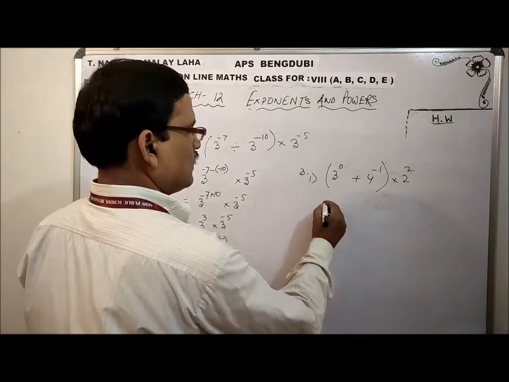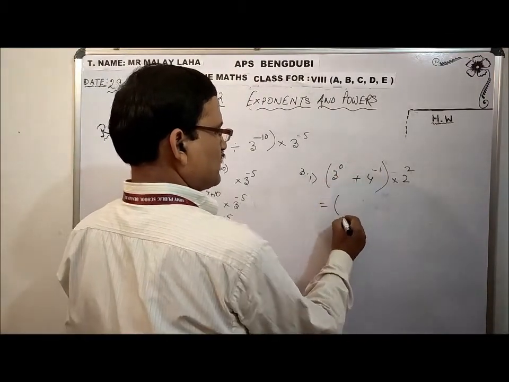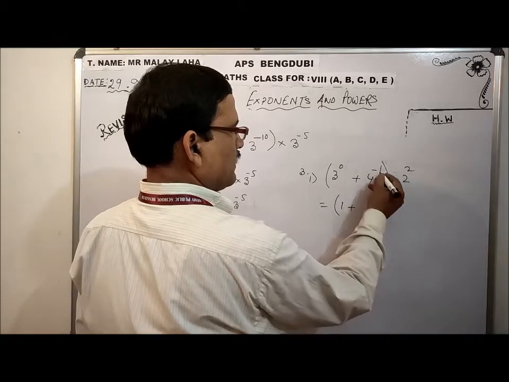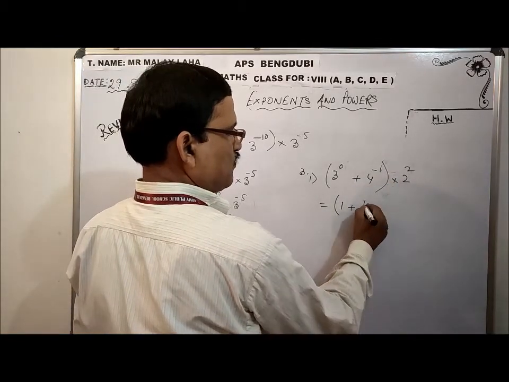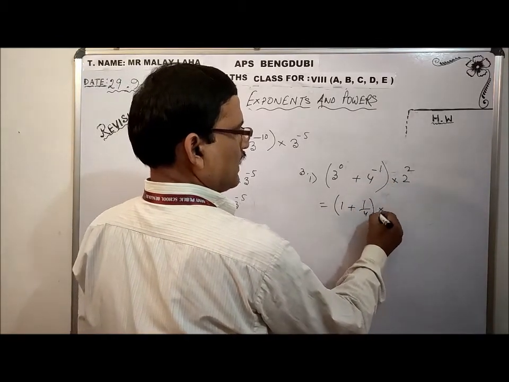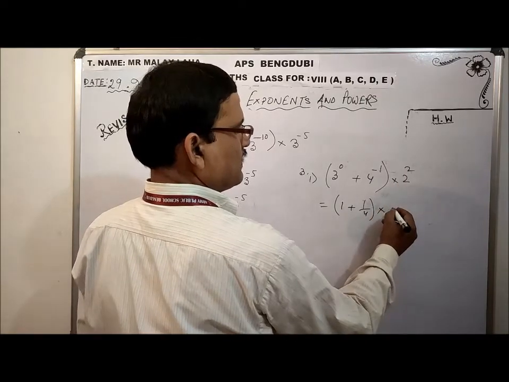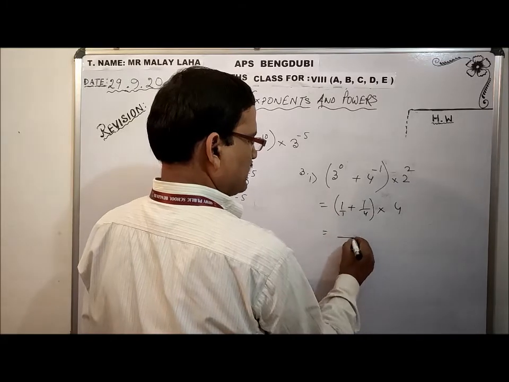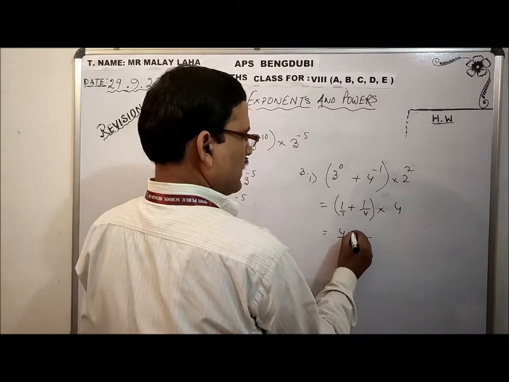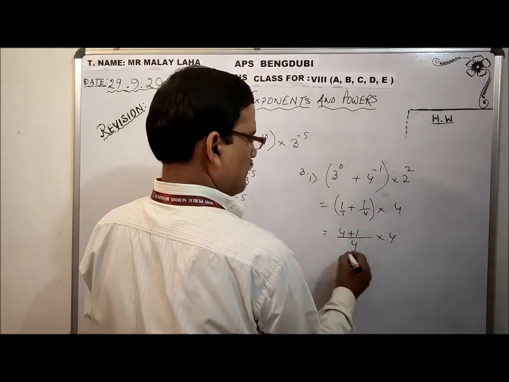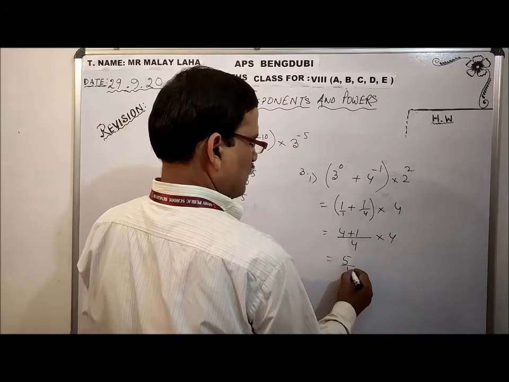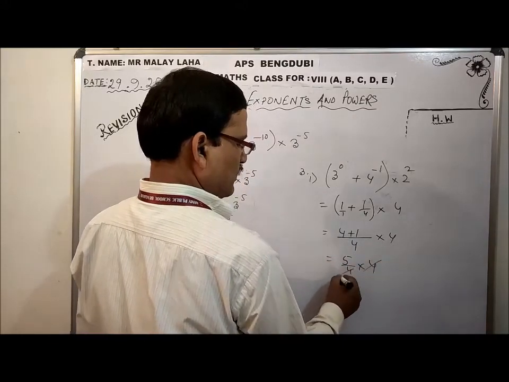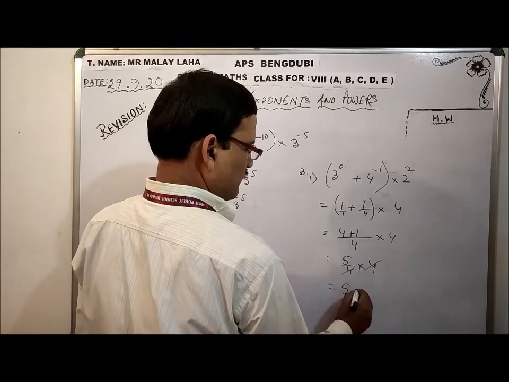Any number raised to the power 0 is 1, plus a negative exponent, make it positive, 1 by 4, and this we have to multiply by 2 squared, which is 4. Now perform LCM: 4 plus 1, multiplied by 4, that is 5 by 4 multiplied by 4. The 4 cancels, it is coming 5.